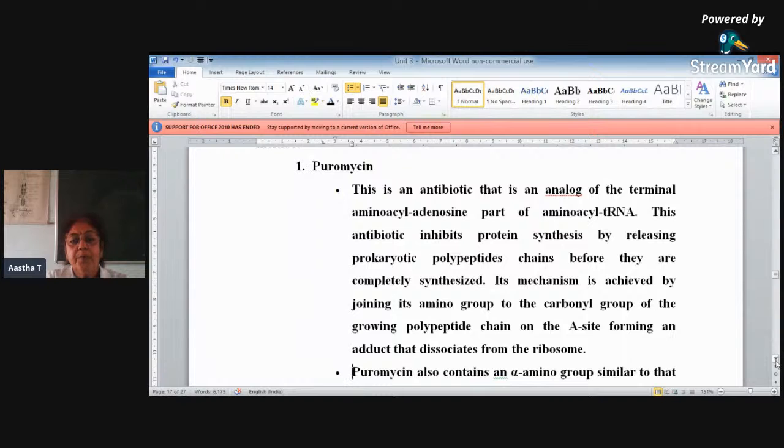So it inhibits protein synthesis by releasing the prokaryotic polypeptide chain. It will take the place of this aminoacyl adenosine in aminoacyl tRNA, and this will inhibit the process of protein synthesis by releasing the polypeptide chain before the synthesis has been completed.